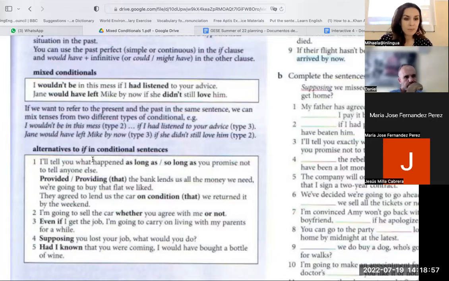Incluso sí. Supposing you lost your job, what would you do? That's an interesting construction. I think we'll see it again. Suponiendo que. And you can find the alternative of suppose you lost your job. End of sentence.